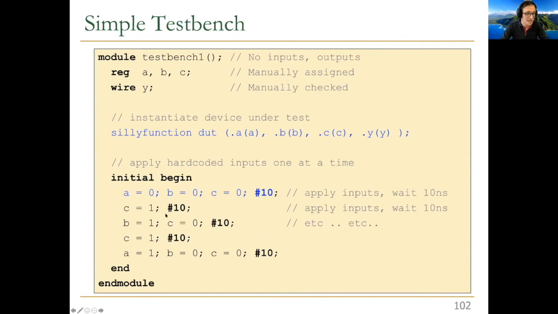And then we change B to 1 and C to 0 to wait for 10 nanoseconds. And you keep doing this basically. And in the waveform, you observe what the result is. Result is Y over here. And while you simulate the circuit, the silly function, by applying inputs consecutively at different times, now you can see the output changing in the waveform, and you basically verify whether the output corresponds to the correct output given an input.